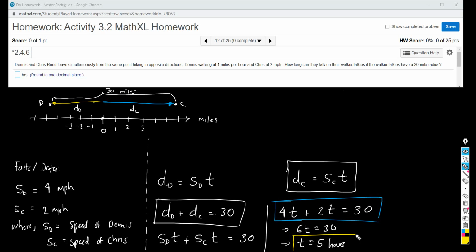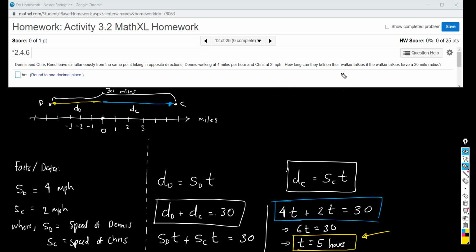The problem is done. Basically what this solution is telling me, the interpretation is this: these two people are going to start here. Dennis is going to walk to the left, Chris to the right, and after exactly 5 hours, the distance between them will be 30 miles, and therefore their walkie-talkies will start failing in communicating, which is what I wanted to know.